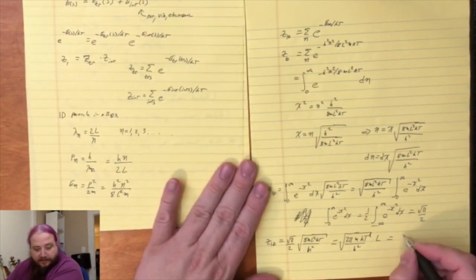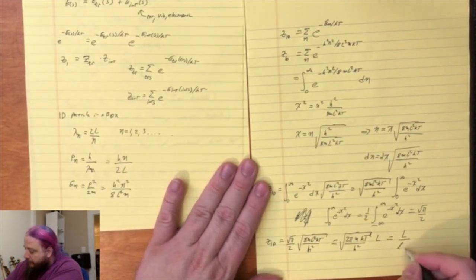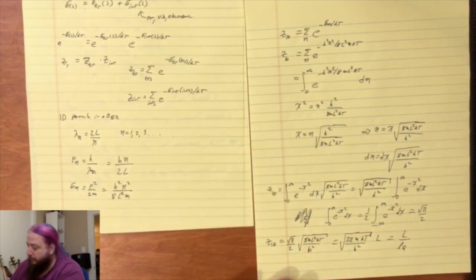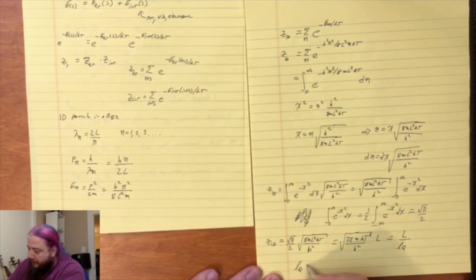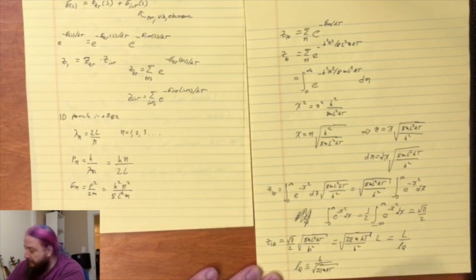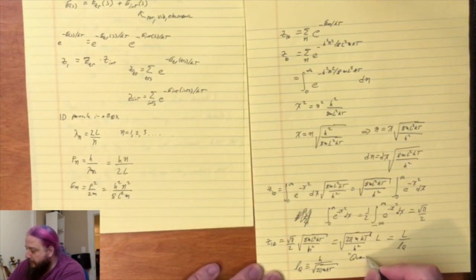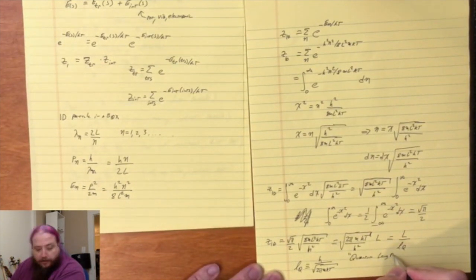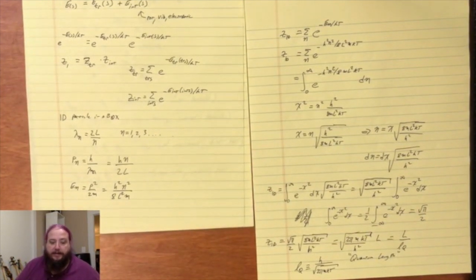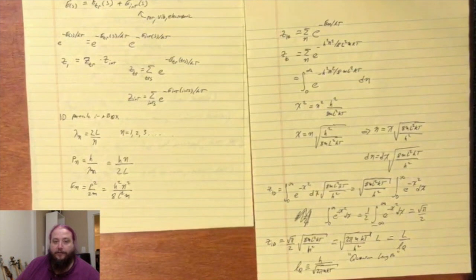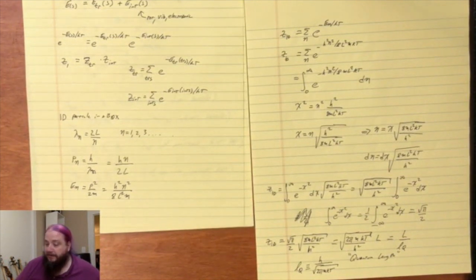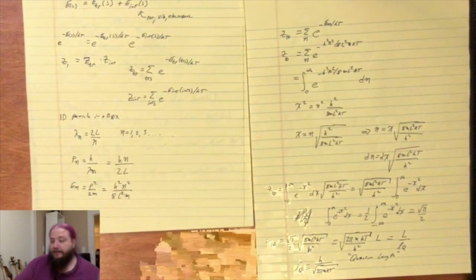We're going to call this length over a quantity LQ, where this quantity LQ is defined as Planck's constant divided by the square root of 2 pi mkT. This is what our author calls the quantum length. It's basically the number of de Broglie wavelengths that you could stuff into our cavity.